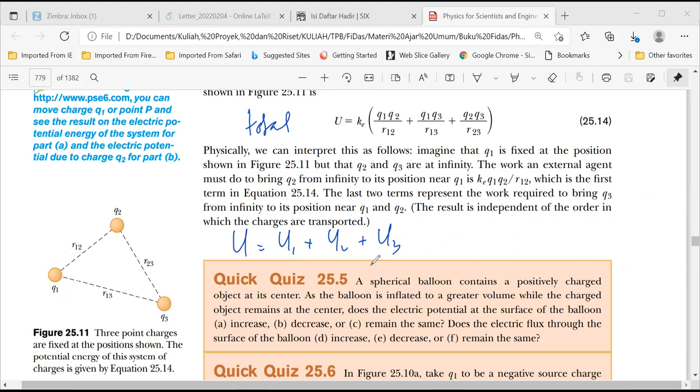Because each of these terms appears two times, we should divide by 2. So we will get this result, 25.14, this formula. This is the total potential energy.